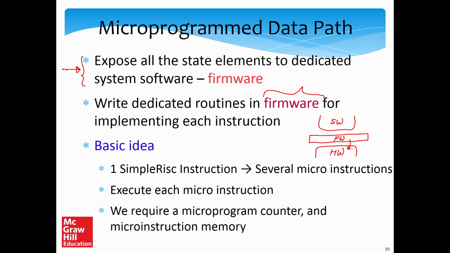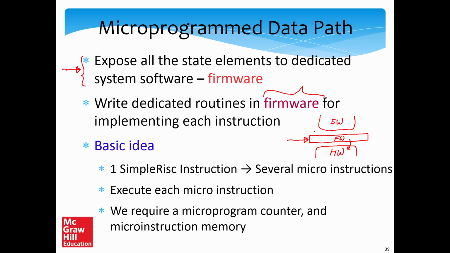So it has far more visibility into hardware as compared to traditional software. That's the reason we refer to this layer as firmware, and it is a very common term in the systems community. You can have firmware for all kinds of systems: for disks, for network cards, for routers, everything. It's possible to have a firmware layer, where firmware is again software, but software meant for a different purpose.